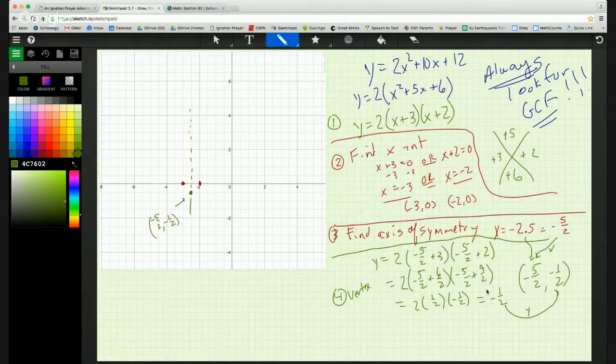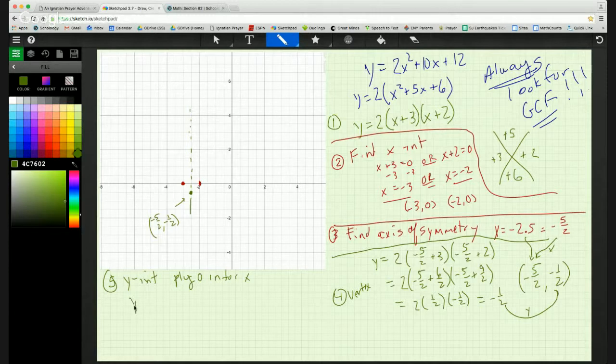Now let's go find our y-intercept. And to find our y-intercept, we just simply plug 0 in for x, right? Because we're looking for the point where the parabola hits the y-axis, and that's where x is 0.